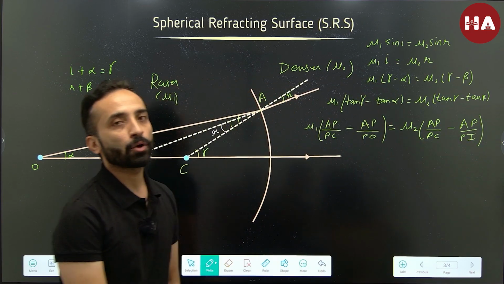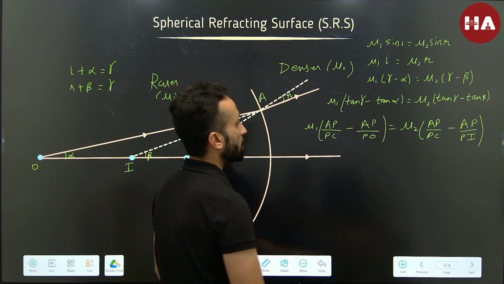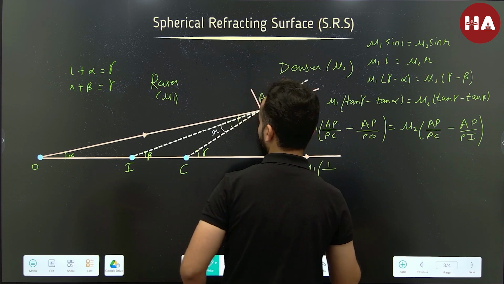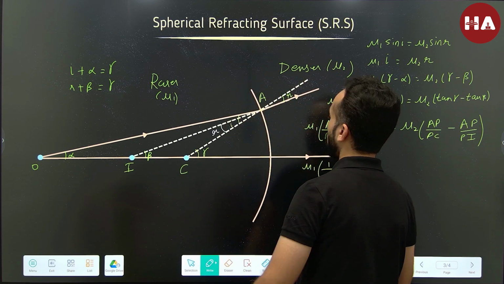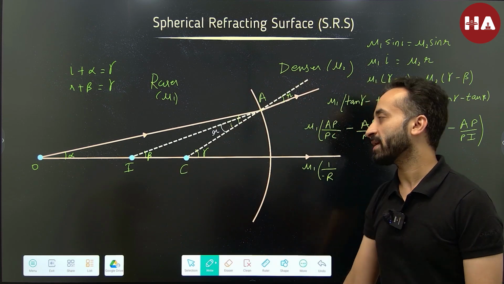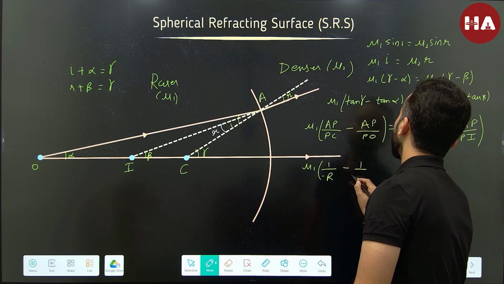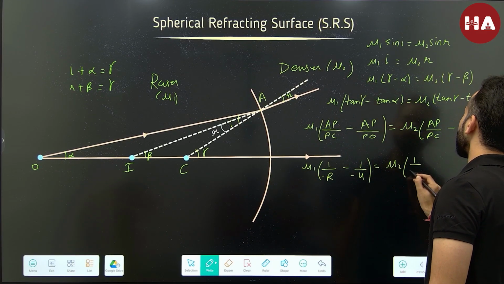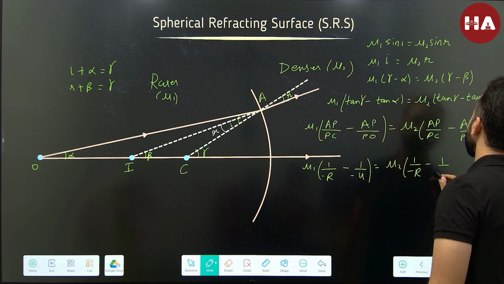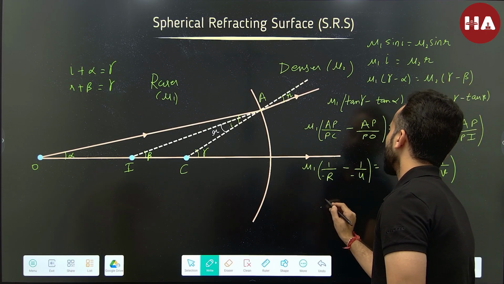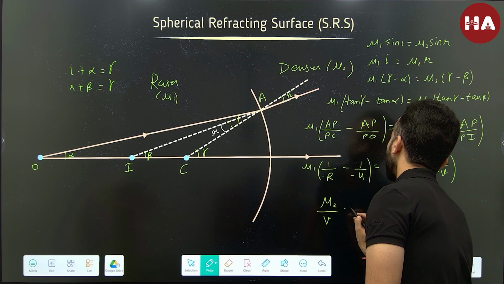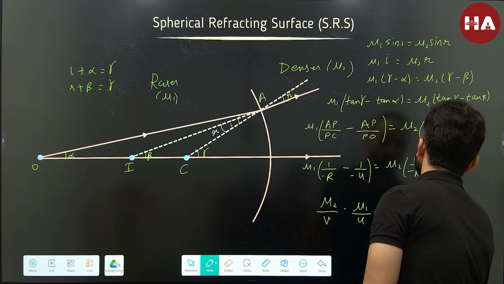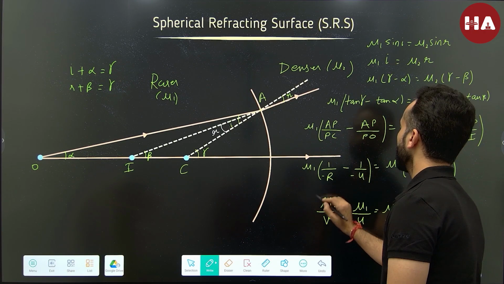Now AP upon PI, AP will be common and cancel out, and instead of PC I would write minus R. So all are minus this time, all three are on the left side. PO is minus U, PC is minus R, and PI is minus V. So when you rewrite, you get mu2 upon V minus mu1 upon U equals mu2 minus mu1 upon R.